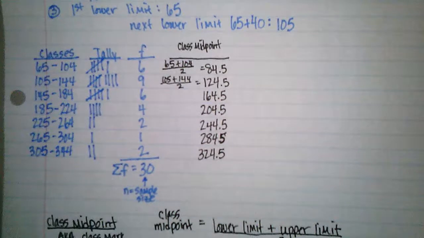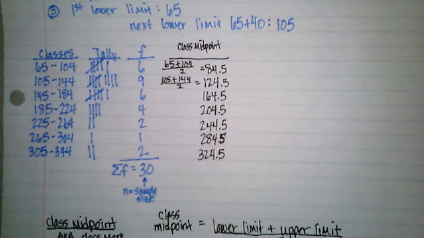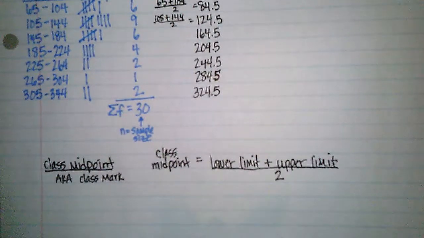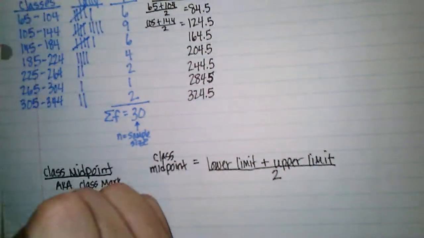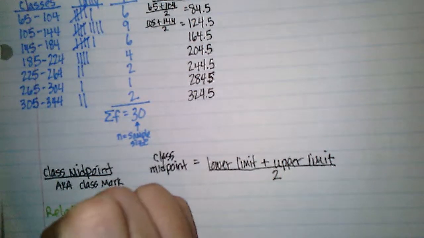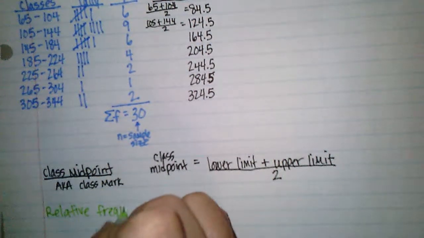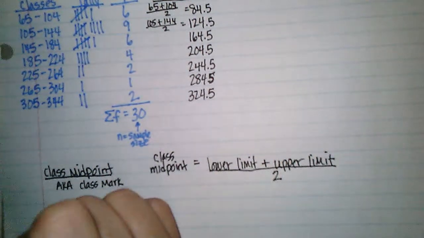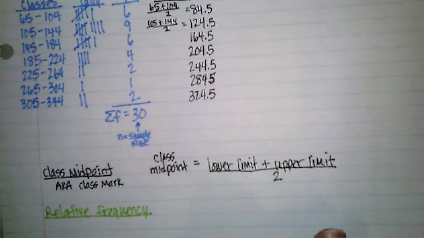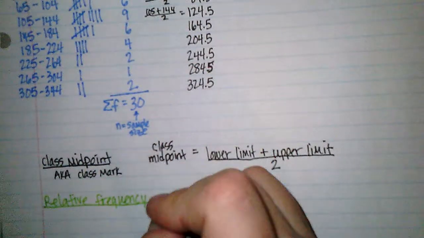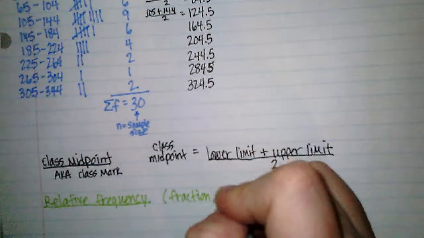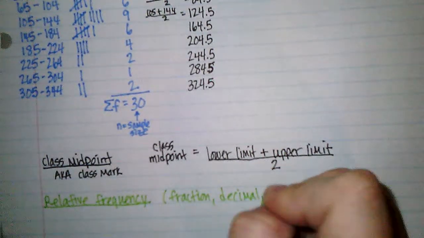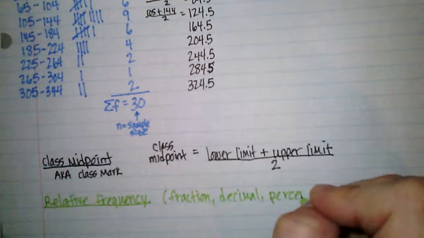All right, moving on. The next thing that we're going to talk about is relative frequency, and then we'll talk about cumulative frequency. Relative frequency can be given as a fraction or a decimal or a percent.